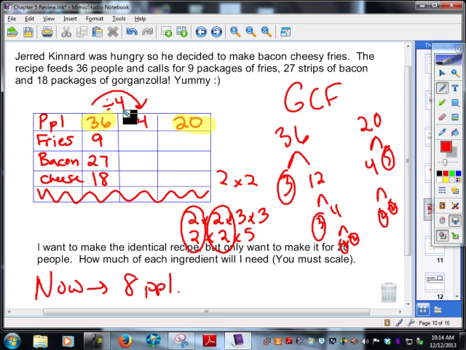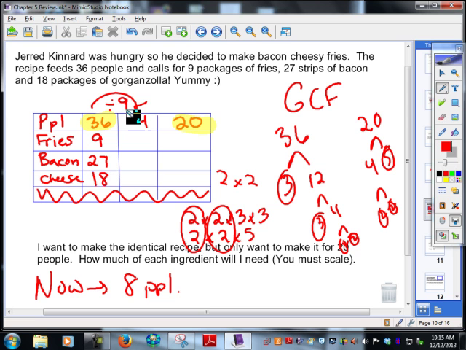I know how much I need of each ingredient if I'm serving 36 people. I want to figure out how much of each ingredient I need if I'm serving 20. And I know that 36 can become 4 by division, and I know 4 can become 20 by multiplication, because that's exactly what factors are. Okay? So I know that I am dividing by 9 to get to that.